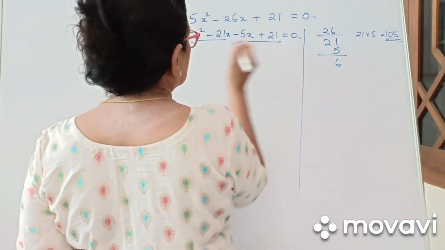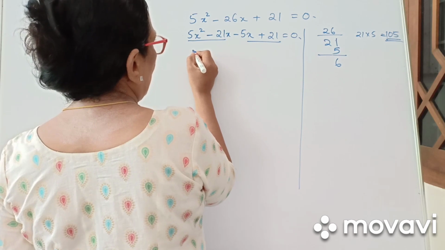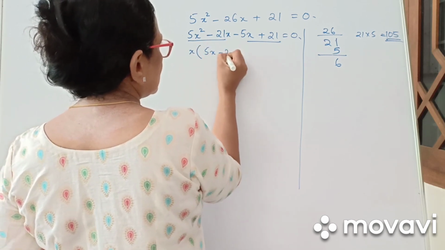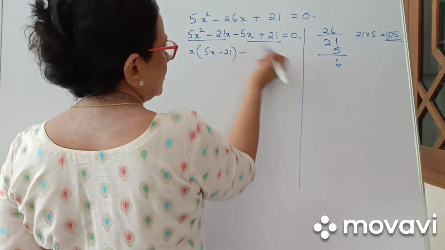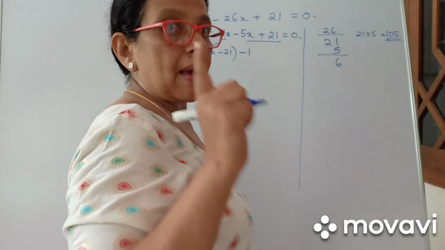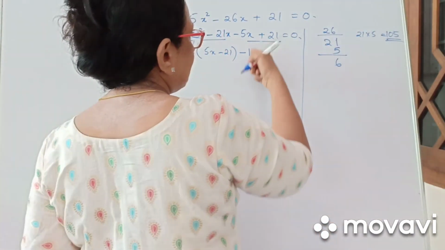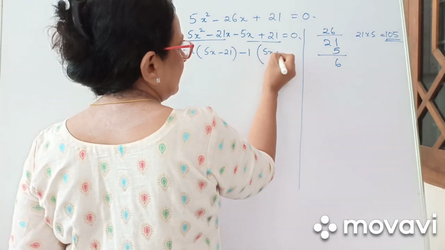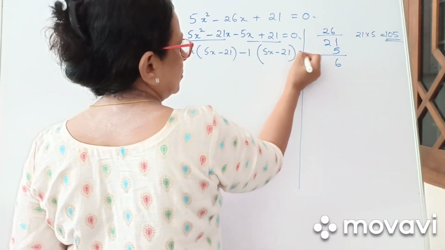So again, take out the common. Here common is only x. You have 5x minus 21. There is nothing common in the minus term, so you have to take it as minus 1. Don't write simply minus. It is minus 1 into 5x minus 21 equal to 0.